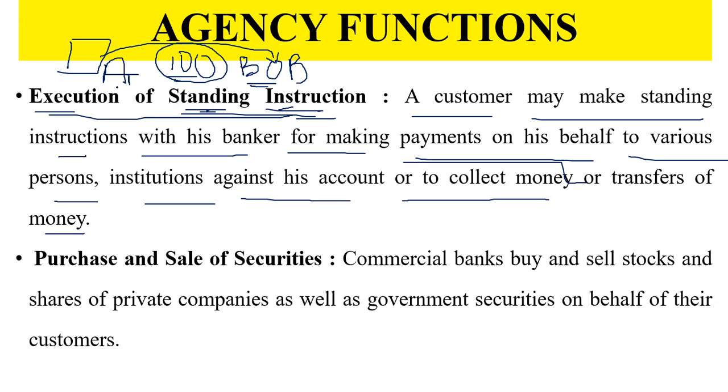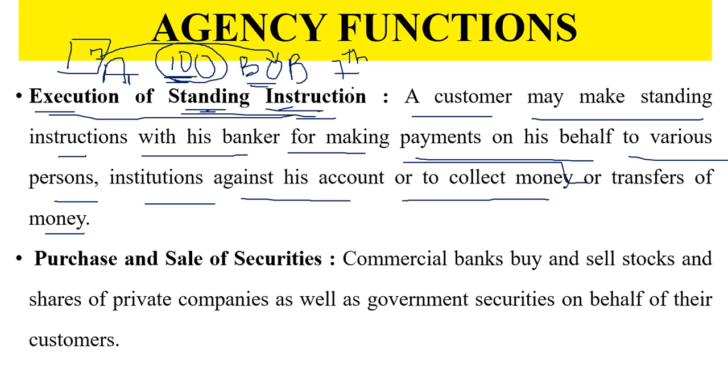So A is saying to Bank of Baroda in the letter that these are my 100 employees, these are the accounts of the 100 employees, and this is the salary which the Bank of Baroda has to transfer to these 100 employees on every 7th date of the month.